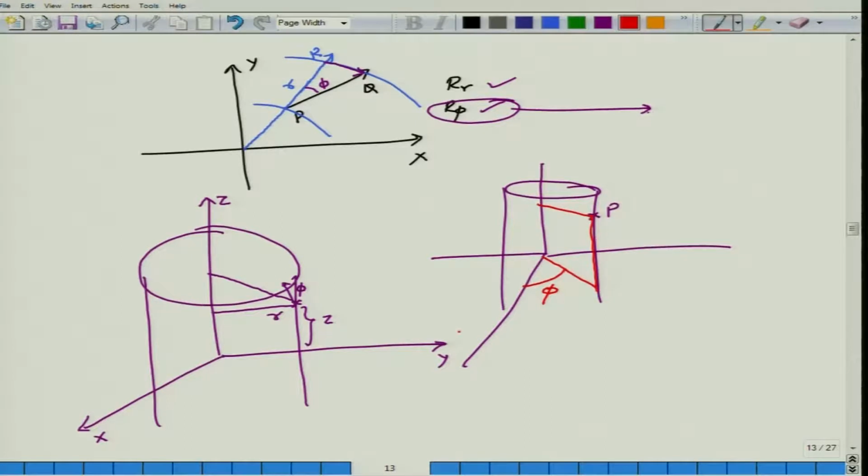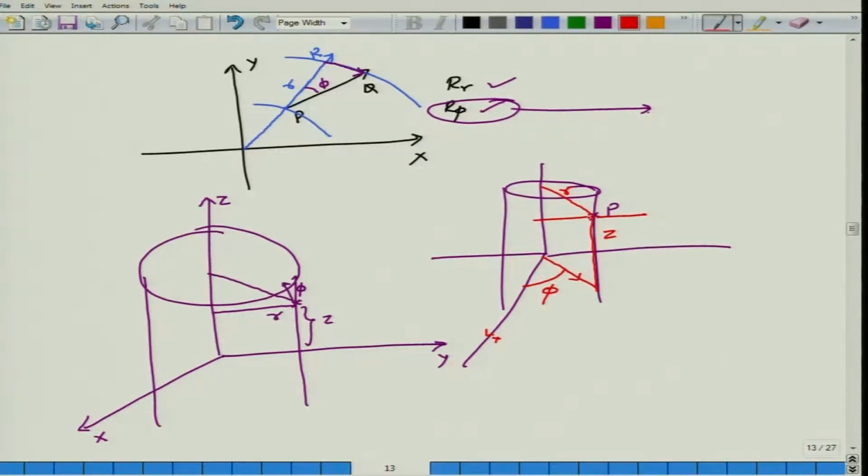This would be the z axis, and this entire thing would be the radial distance that you have considered. So this is the radial distance and this is the height at which you have located the point. If you now drop a perpendicular onto this axis, the angle that this red line makes with respect to the x axis will give you the angle phi. So you have these 3 variables to tell you the corresponding values.